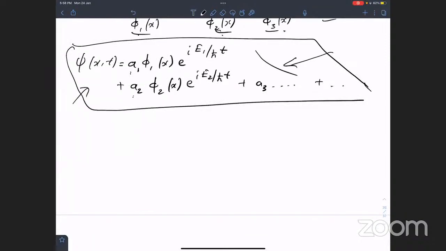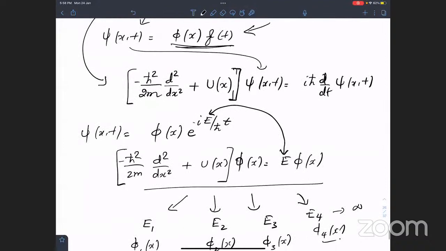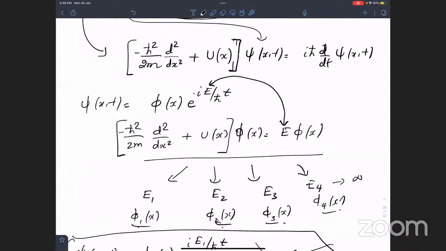Now let us try to build intuition. How do we build intuition? We take different possible scenarios for the potential energy, and based on that we see what the solution of this differential equation looks like, what the eigen energies are, what the eigenvectors are, and so on.